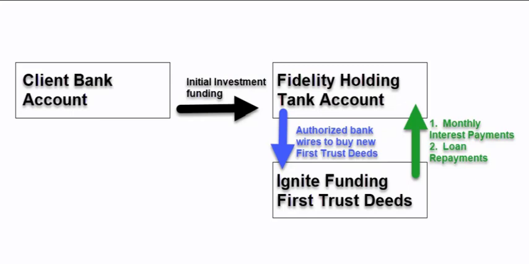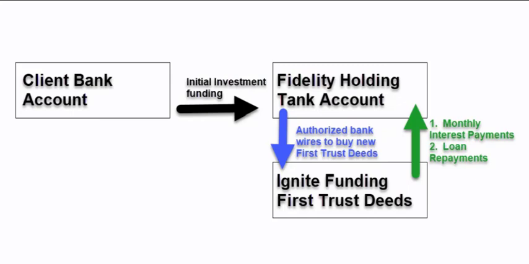And the reason is that if we don't include the Fidelity account that has authorized bank wires, every single time a new trust deed is approved for investment, the client would have to go physically to their bank and wire money to Ignite Funding. Secondly, every single time a loan gets paid back, it would be paid back directly into the client's bank account.